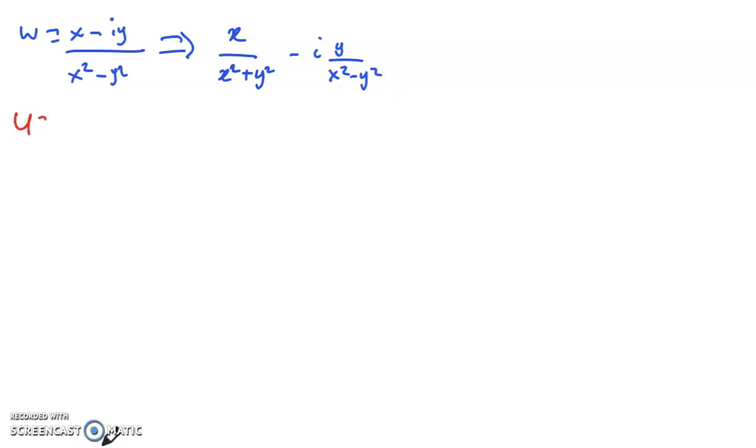So in this case our u is nothing but x over x squared minus y squared, and our v is nothing but the part that has i, it is y over x squared minus y squared.